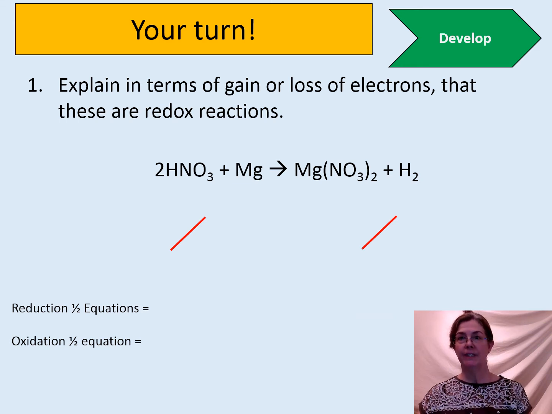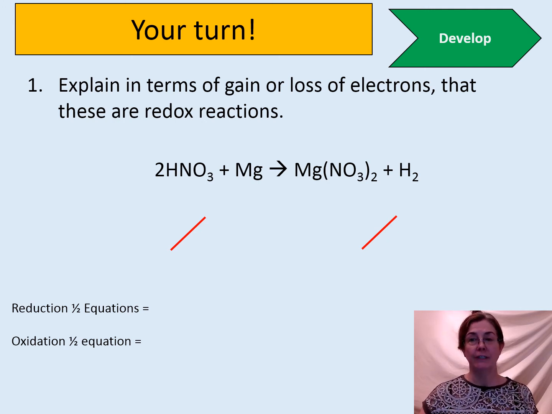Okay, so it's your turn now. Explain in terms of gain or loss of electrons that this is a redox reaction. So what are you going to do? You're going to split it into its ions, and nitric acid is going to split into hydrogen ions and nitrate ions, and the magnesium nitrate is going to split into magnesium ions and nitrate ions.